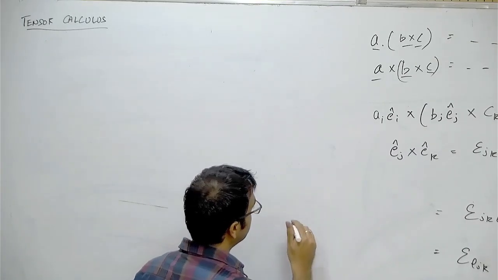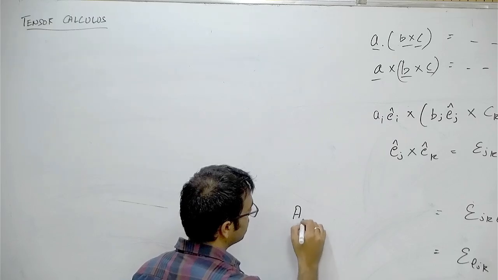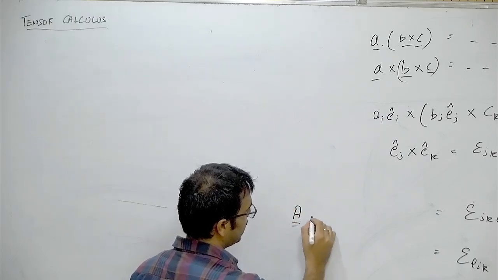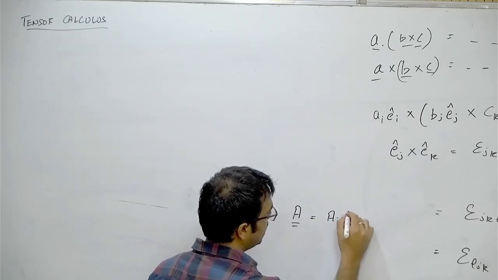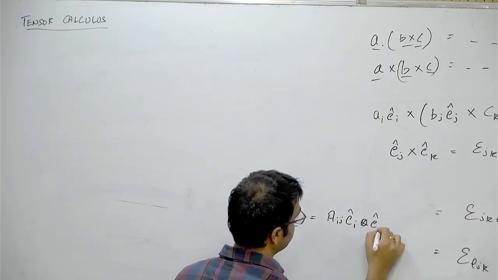Before we go to tensor calculus, I just want to highlight that, let's say you have a second order tensor A, and let's say this is Aij e hat i tensor e hat j.